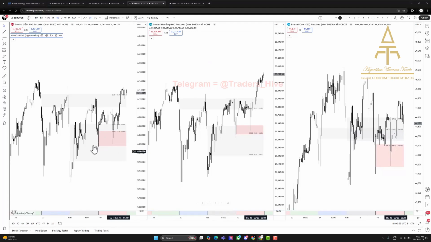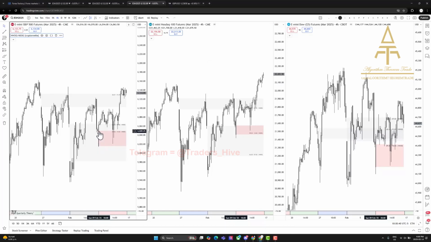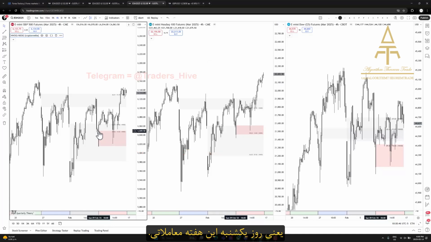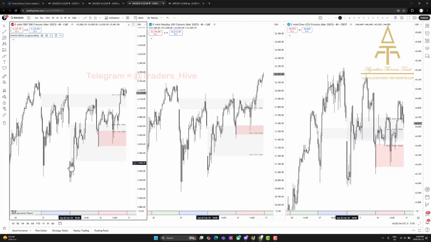The goal is to find a current new week opening gap. So this current new week opening gap is the one from this Sunday of this trading week, even though this trading week is over. So this Sunday, this was formed. This is the previous week's new week opening gap, as you guys can see.